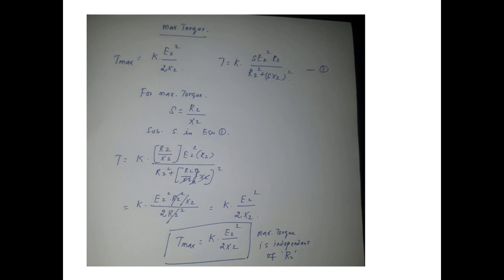In the denominator, X2 and X2 get cancelled, giving K E2² R2² X2 divided by 2 R2². Again R2² gets cancelled from the denominator and the numerator. So I get K into E2² divided by 2 X2, and this is the maximum torque. In the maximum torque I don't have any resistance; I have only the reactance. So the maximum torque is independent of the rotor resistance.